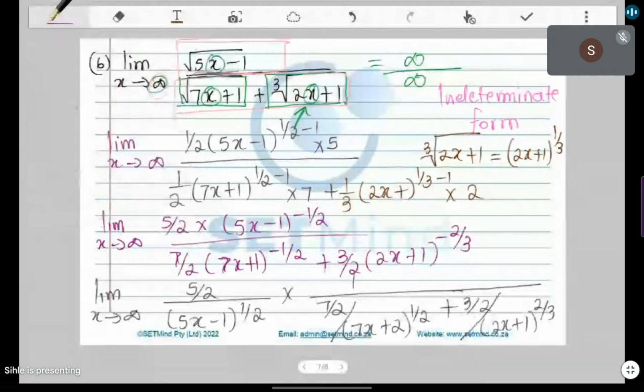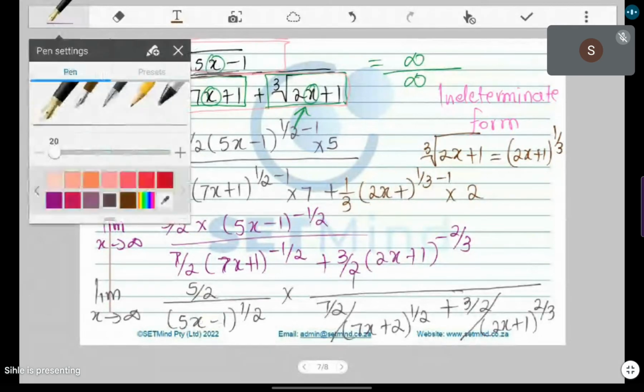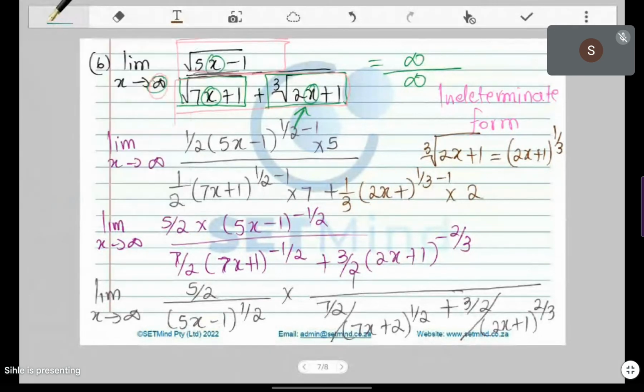So if we plug in infinity here, now use green. We plug in infinity here. This as a whole is going to be a really big number, right? But guess what? It's just the same as 5 over 2 divided by a really big number.